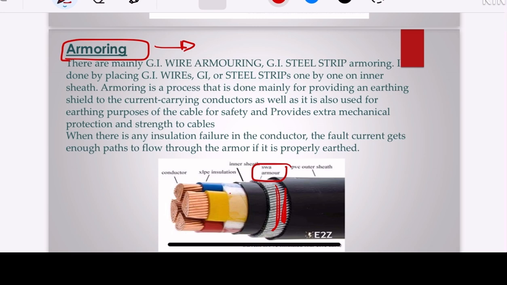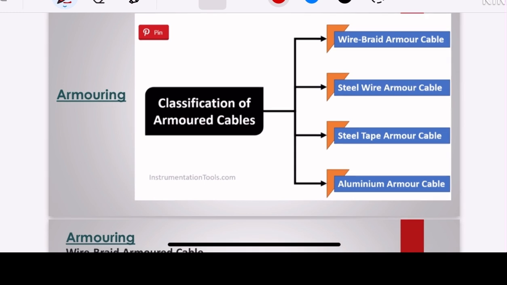The armor of the cable can be classified into 4 parts: wire braid armor cable, steel wire armored cable, steel tape armor cable, and aluminium armor cable.